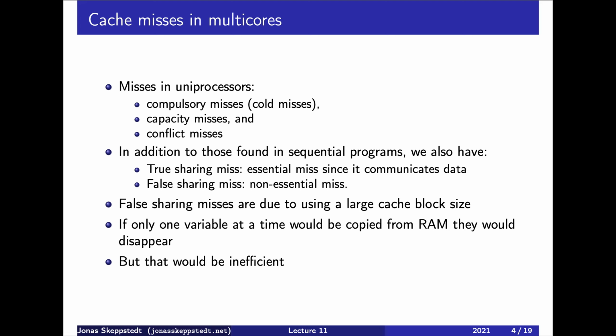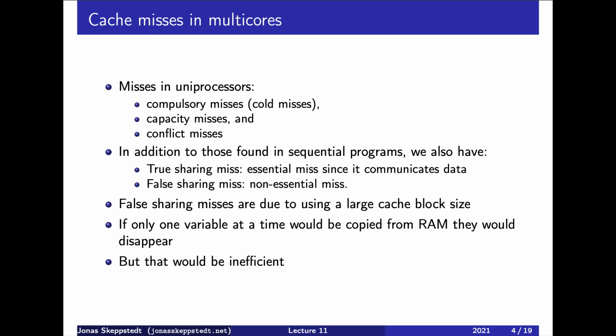And why are there false sharing misses? Basically, the cache block size is larger than one word, or one byte, or the size of one int, or one double. The reason is that the CPU fetches more data than it actually needs, to exploit spatial locality.